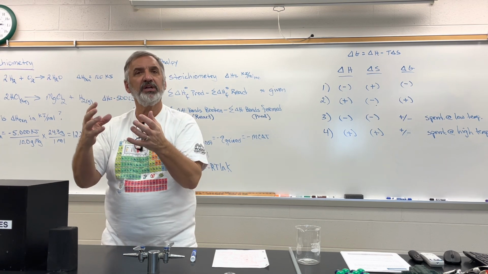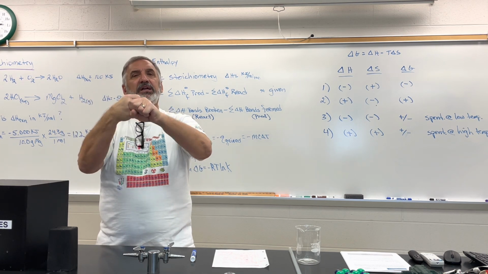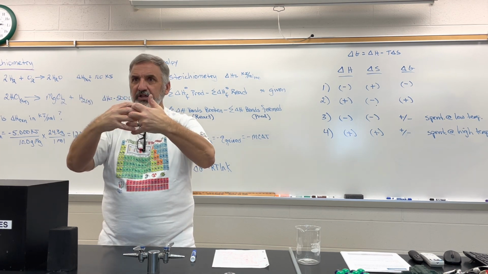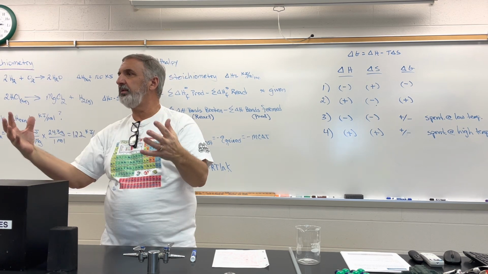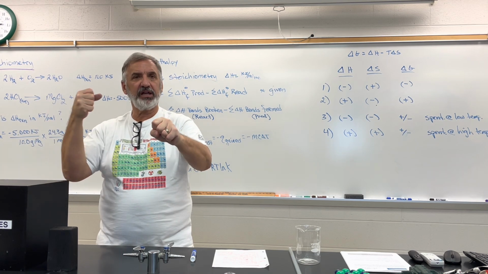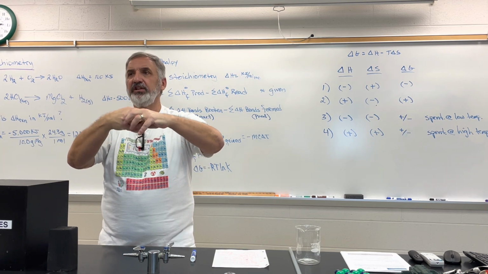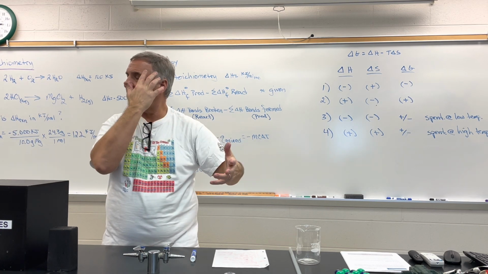No, so most elementary steps in a mechanism are going to be either unimolecular, one molecule just breaking apart, having some ultraviolet radiation hit it and break the bond apart, or bimolecular, where 2 molecules collide with the proper orientation and then form some intermediate that then can continue on in the reaction.